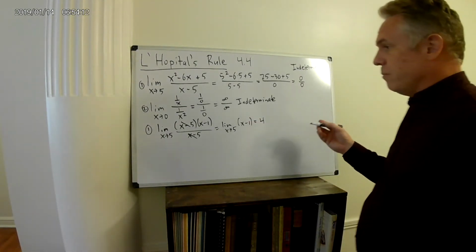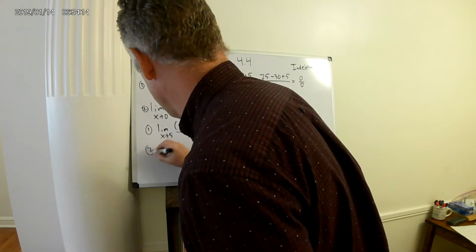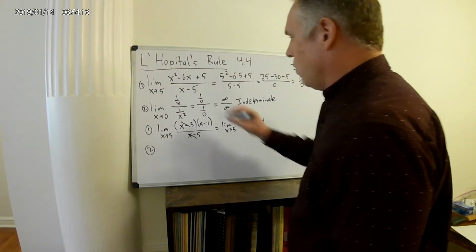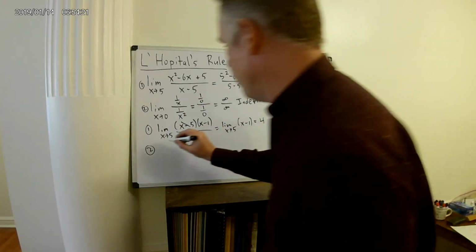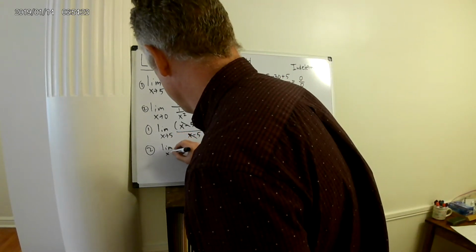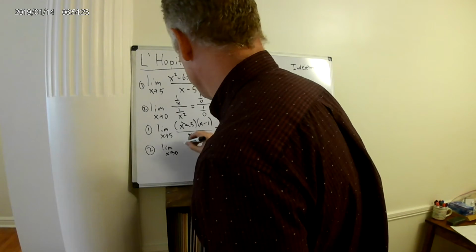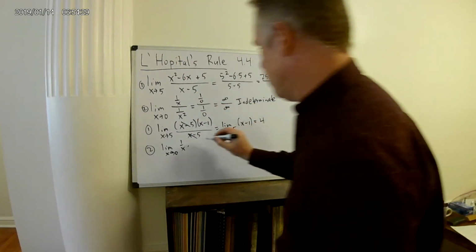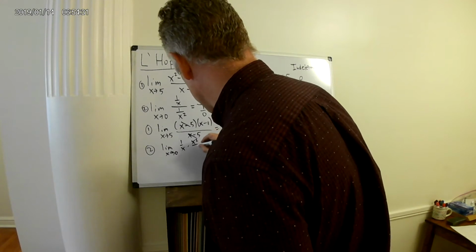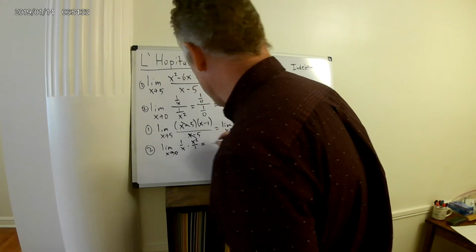It's no longer indeterminate. If we go to case 2 here, we can cancel some things out. We can rewrite this limit as 1 over x times the reciprocal of what's downstairs. It's a simple property of algebra.